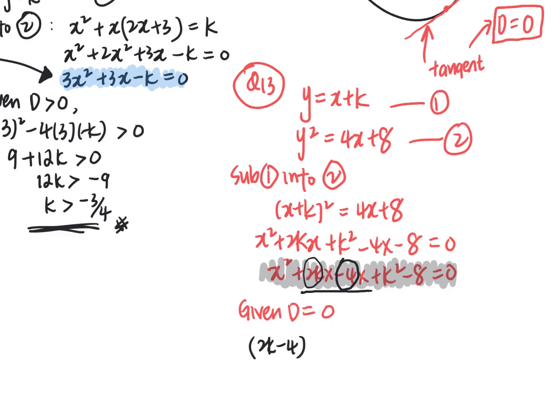That is your B. Okay, B squared minus 4. Your A is just 1 here. C is this whole chunk. So you need to be able to pick out your correct ABC. And then they set it to be equals to 0. The rest is just solving. Okay, the rest is just solving.